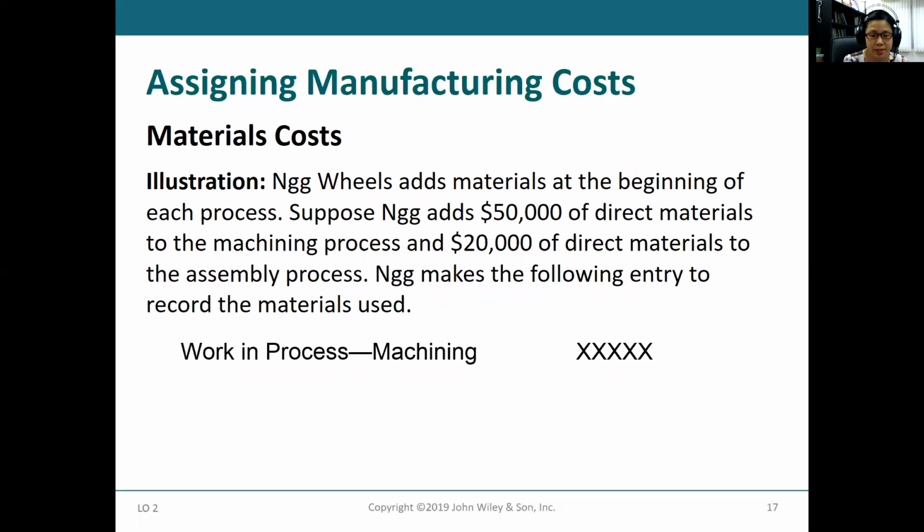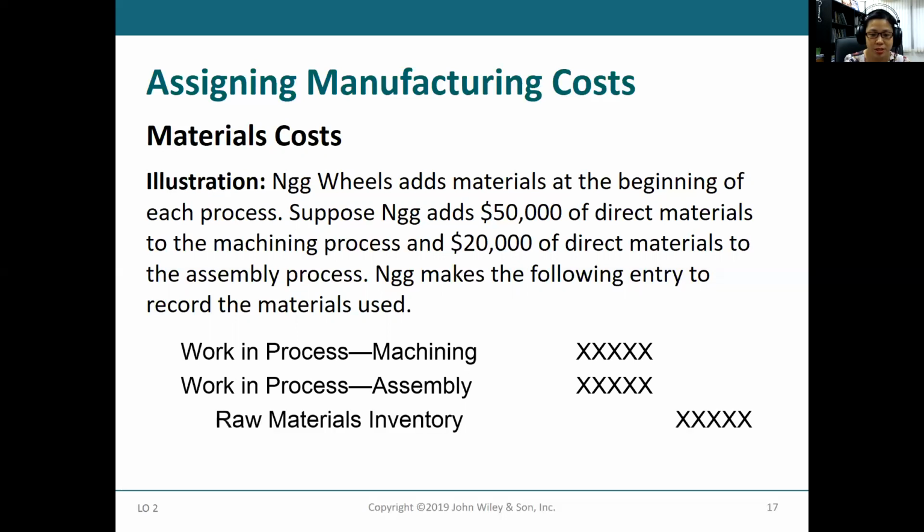For example, if this company used 50,000 of direct material in the machining process and 20,000 of direct material in the assembly process, then we will debit work in process machining for 50,000, debit work in process assembly for 20,000, and credit raw material inventory for 70,000. This is to record the use of raw materials in the production process.